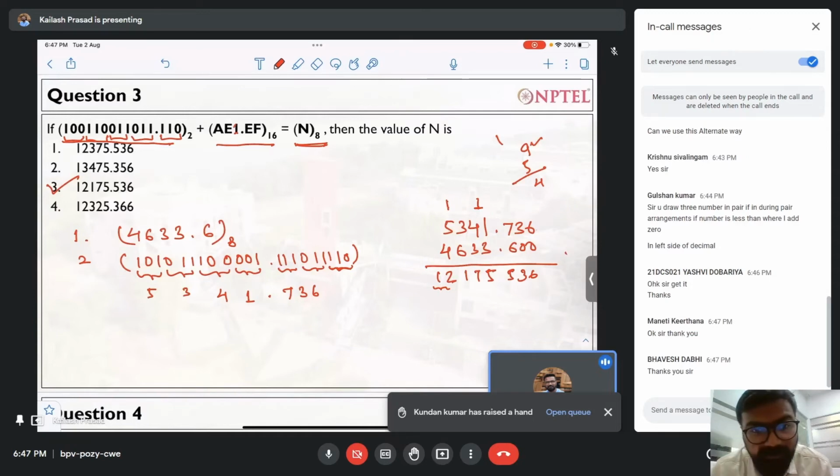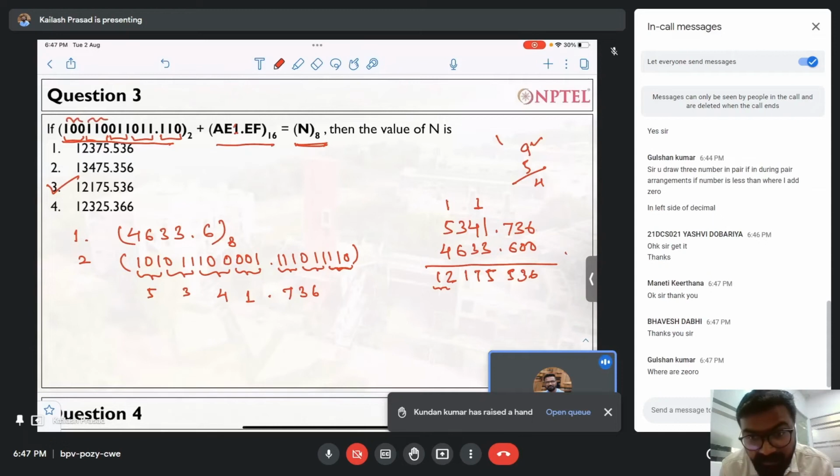If I understand it correctly, what I have taken is three numbers like this, right? And you are saying that on the left side, if the number is not three digits, you should add zero here. Is that what you are asking, Gulshan? Yes, sir. Okay, so I think I have answered your question then.